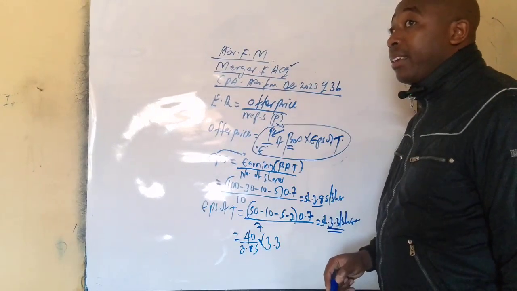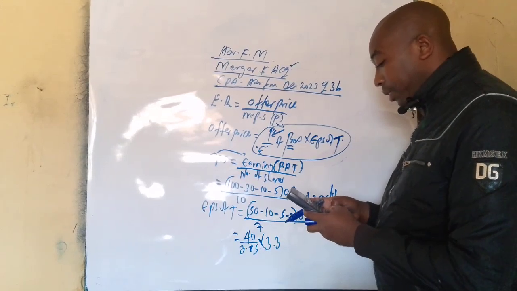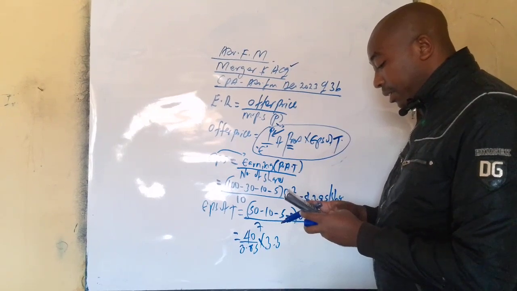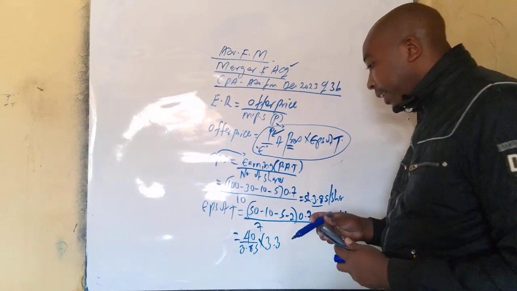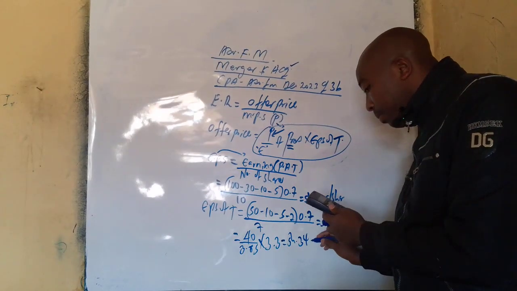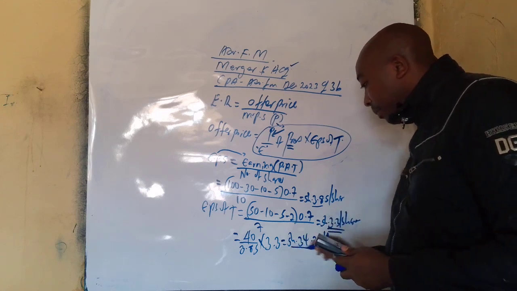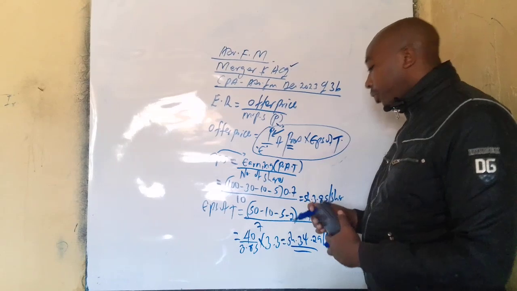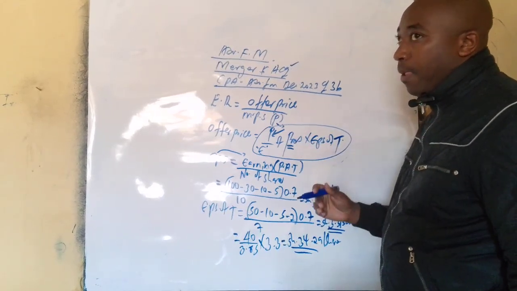It was 3.3. All right. Now take 40, divide by 3.85, then times 3.3. Yeah, we are getting offer price of shillings 34.29 per share. And this simply means that for one share of target company, we are going to give them shillings 34.29, we as the predator.